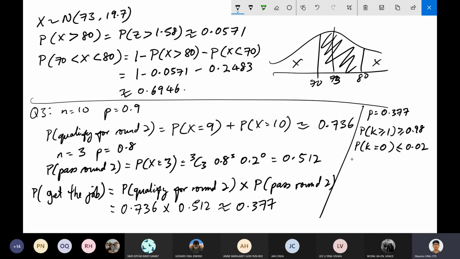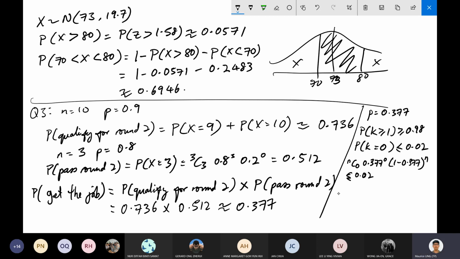Then in order to calculate this, you have n choose 0, 0.377 to the power of 0, times 1 minus 0.377 to the power of n. This gives you less than or equal to 0.02.